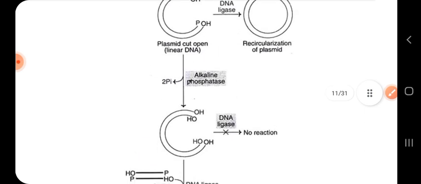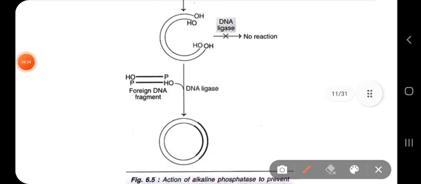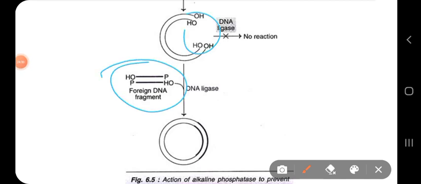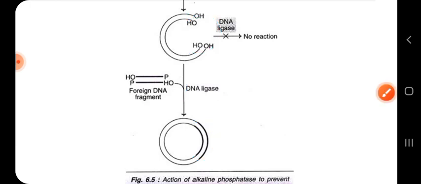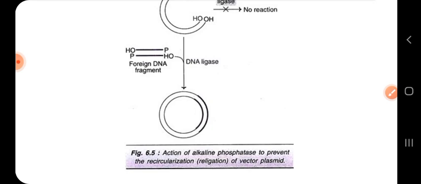So with the help of linker adapters, we allow our foreign DNA to be inserted here at that desirable cleavage site, and we ligate them with the help of ligase enzyme. So this is the action of DNA ligase, while the phosphatase prevents the recircularization or religation of our plasmids.